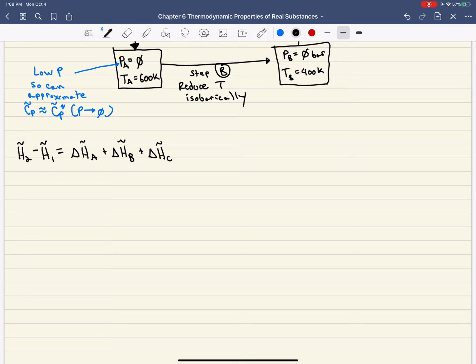Okay, so let's start with delta HA. So delta HA is the integral of H1 to whatever the enthalpy of HA is, dH. And previously, we said that this dH can be written like this.